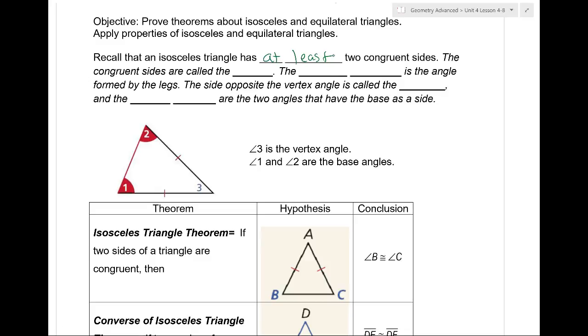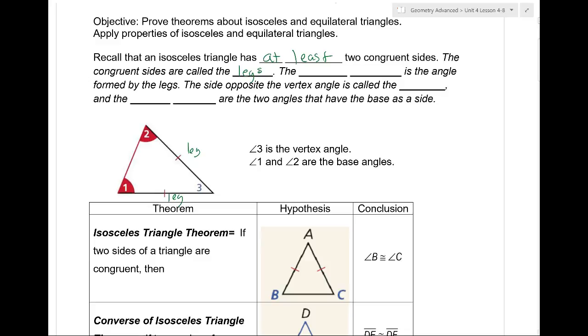Now, we have different parts of this label, and it helps us define things a lot quicker on isosceles triangles. So first of all, the two congruent sides, those are actually called the legs. Just like remember when we talk about right triangles, we had the legs of a right triangle as well.